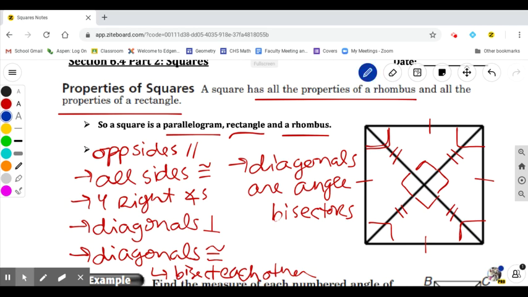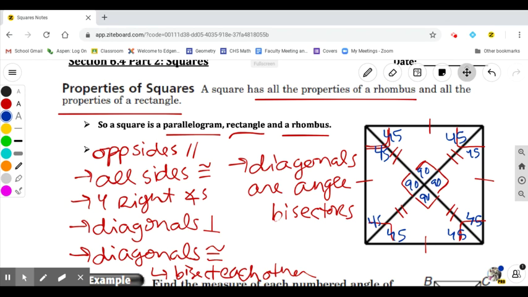So every time you have a square, if the diagonals are drawn in, all of these little angles are 45 degrees every single time you have a square. All 8 of them are 45 degrees. So those are all 45. The ones in the middle are all 90. And so we use these properties to help us solve problems involving squares.